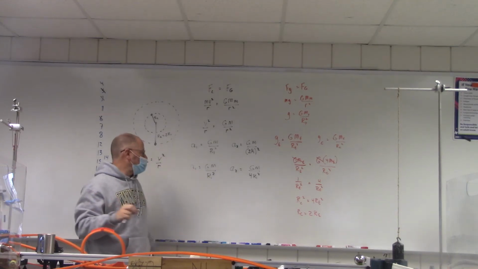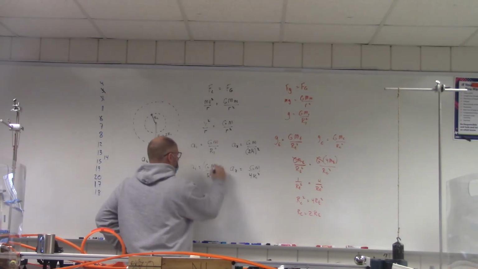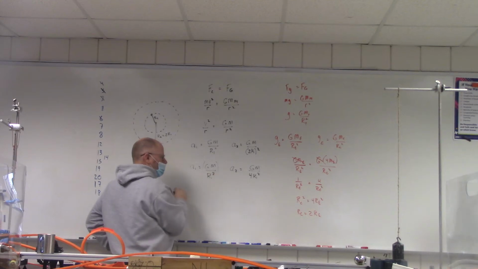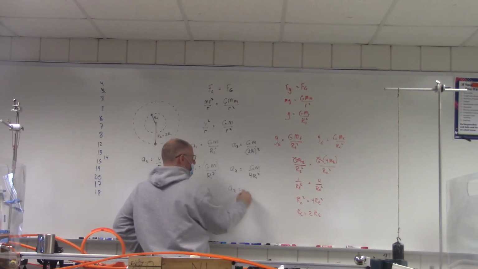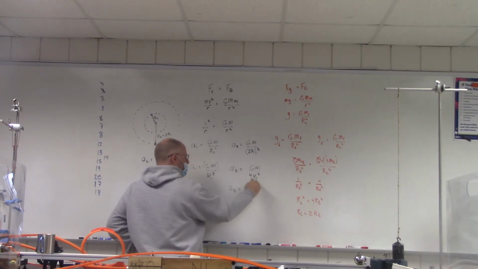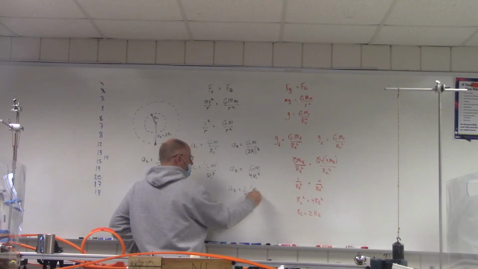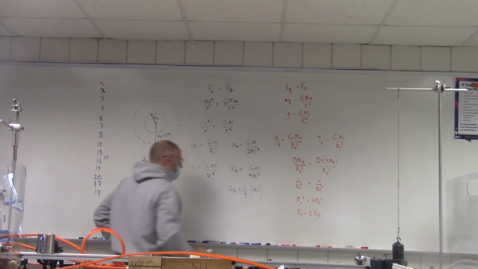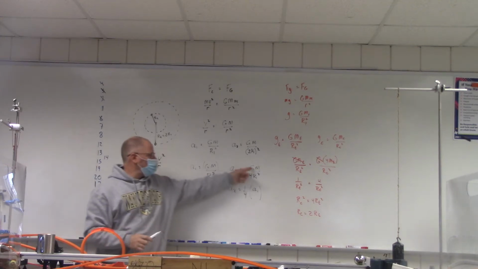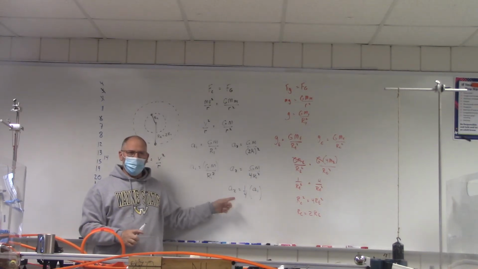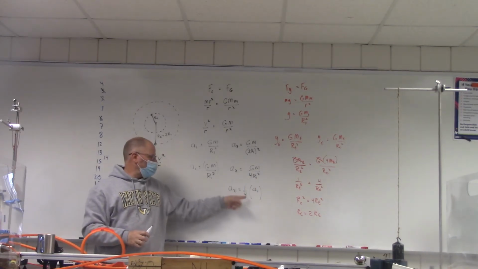You see how A1 is equal to GM over r squared? So when I look at A2, I notice this is a quarter times GM over r1 squared, which is A1. You see how I just took this whole term and I substituted it in here? You guys with me on that? So A2 is equal to a quarter of A1.